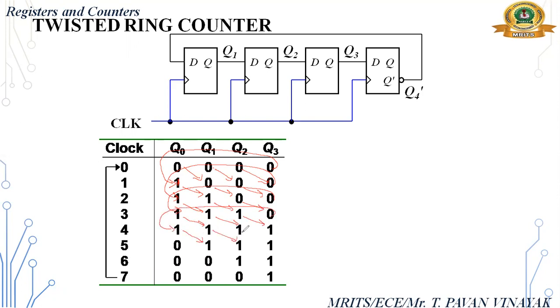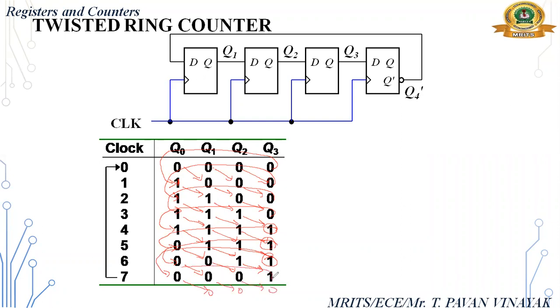Again shift, the complement of 1 is 0. Again shift, the complement of 1 is 0. Again shift, the complement of 1 is 0. Now again shift, 0, 0, 0.